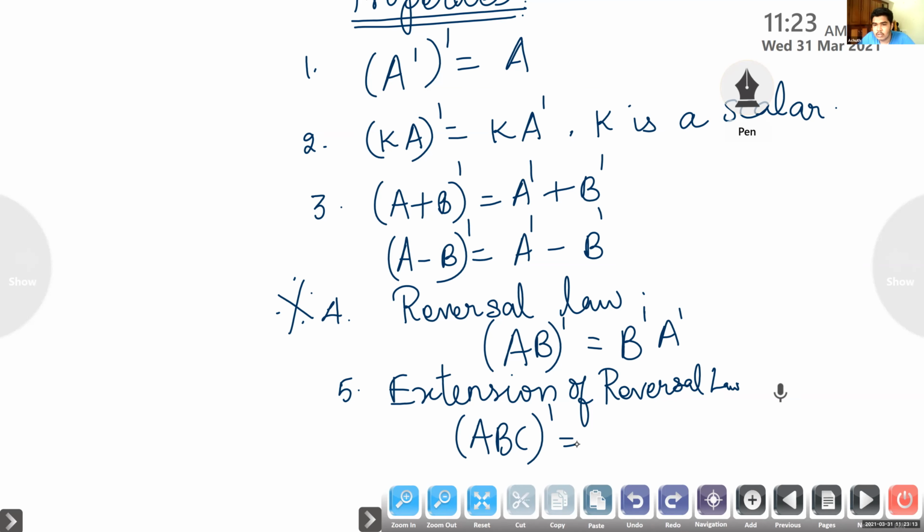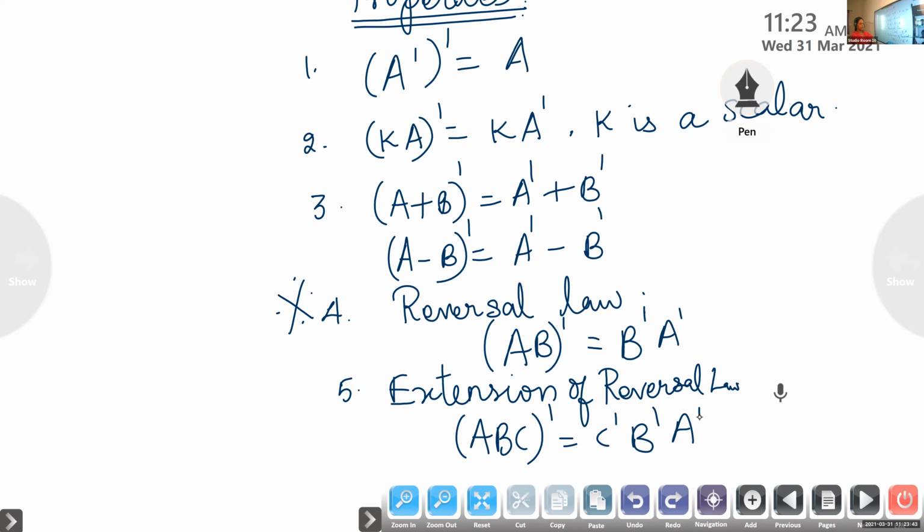Yes, it is C dash, B dash, A dash. Look here, it is coming in the reverse order. From the last only you are writing. So A B C the whole dash is C dash, B dash, A dash.